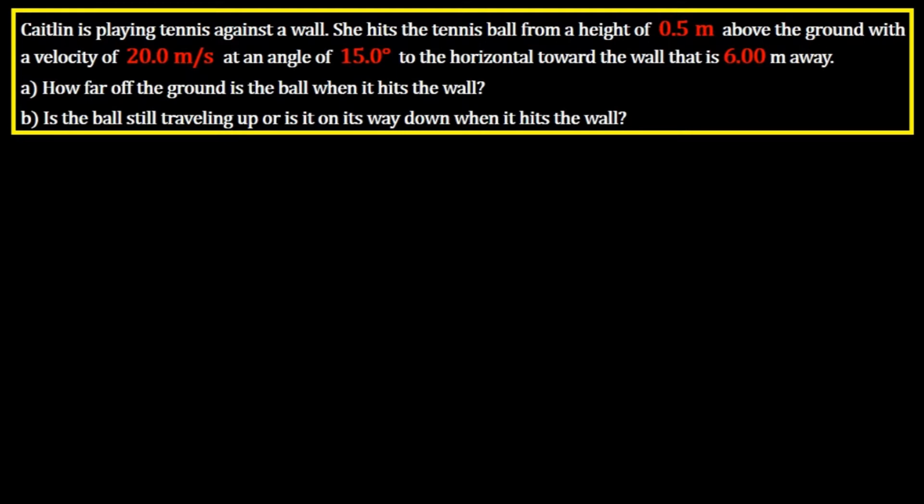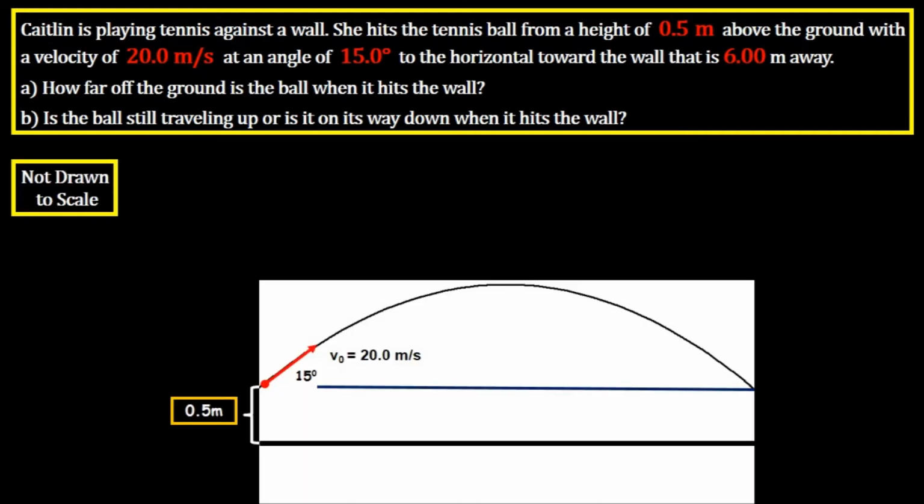How far off the ground is the ball when it hits the wall? That's the big question. Is the ball still traveling up, or is it on its way down when it hits the wall? That question we're actually going to be able to answer more quickly than question A.